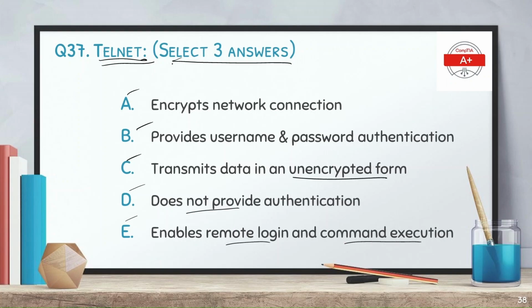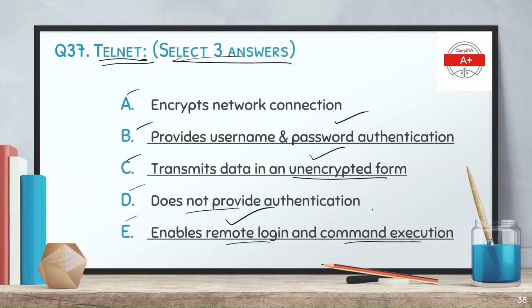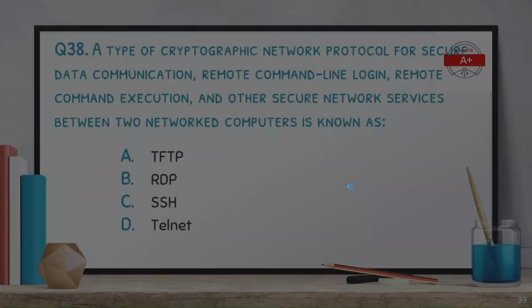And the correct three statements are: number one is that it provides username and password authentication. It transmits data in unencrypted form or clear text form, so it is unsecure. And the last correct option is that it enables remote login and command execution.